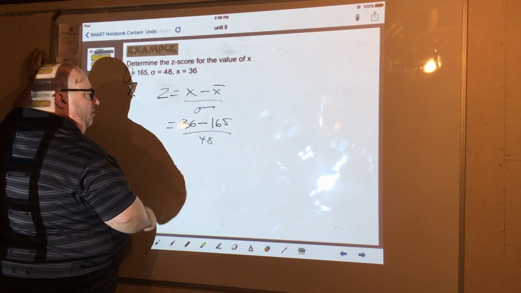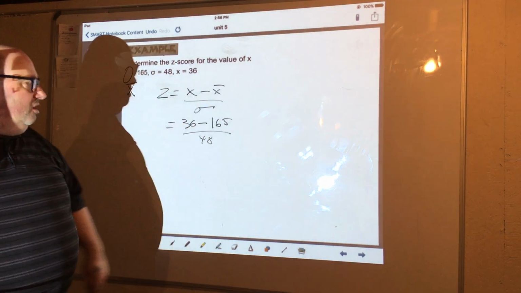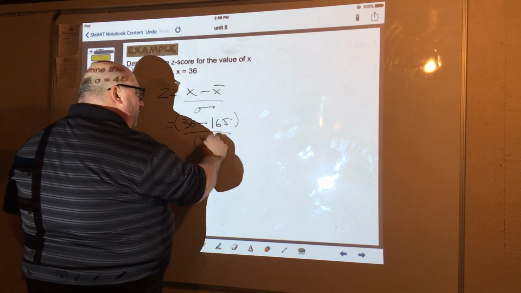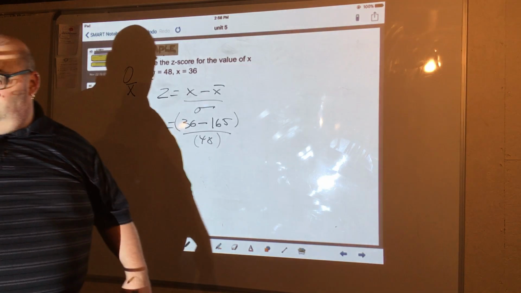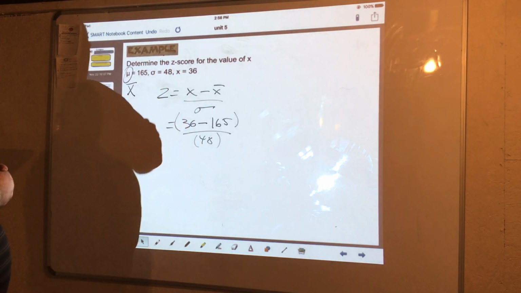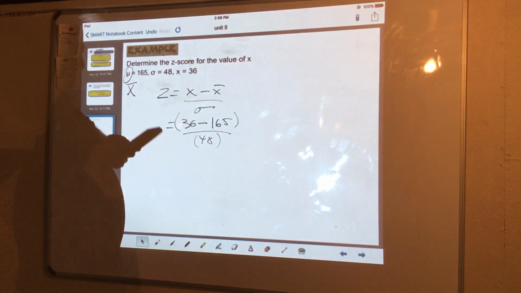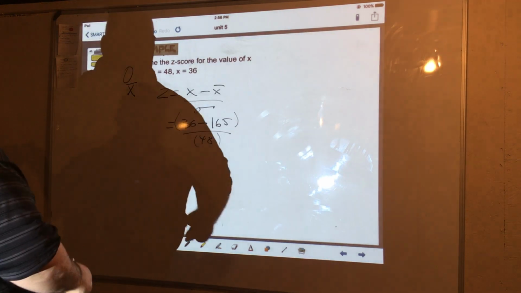Remember that when you have a fraction and you have to do equations in the fraction, you must figure out the stuff on the top first, and then the stuff on the bottom, and then do your division. So you have to do each part separately. So 36 minus 165. What do you get? Negative 129.